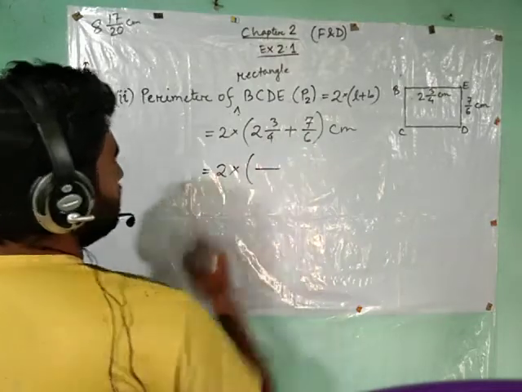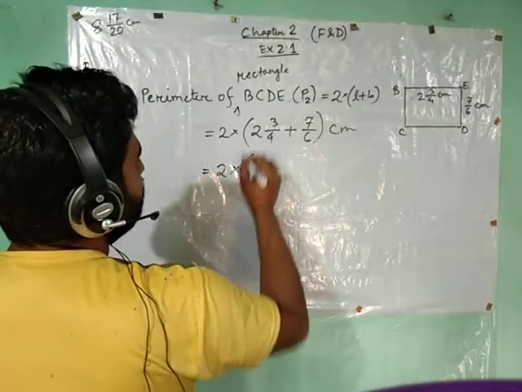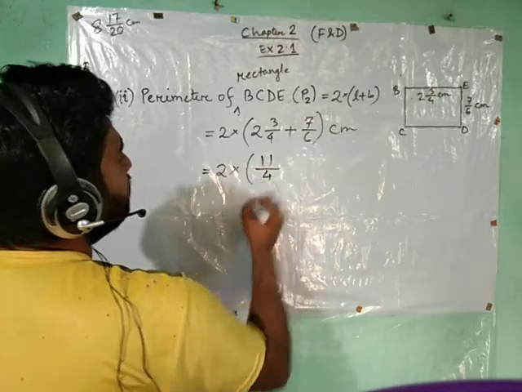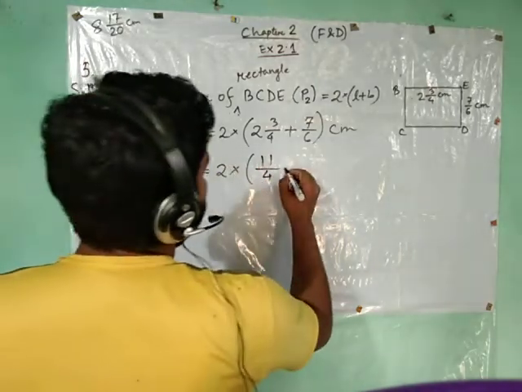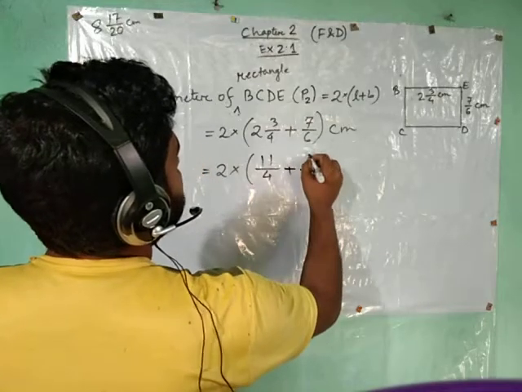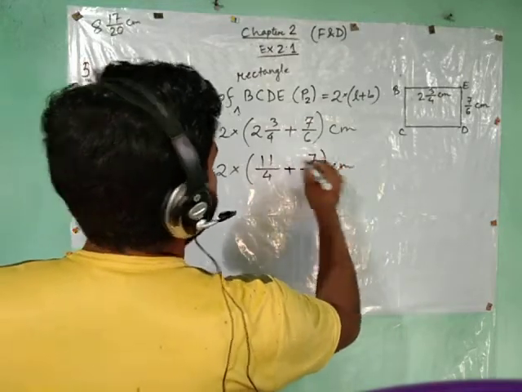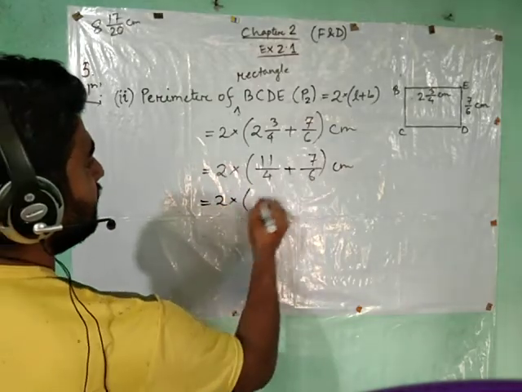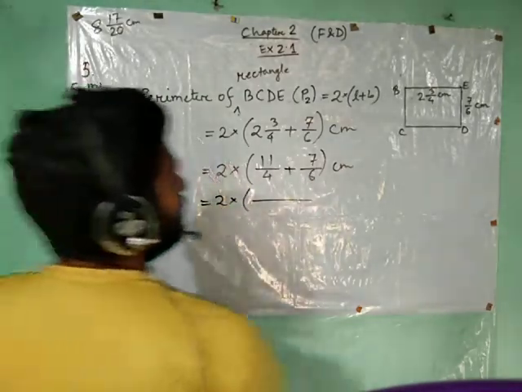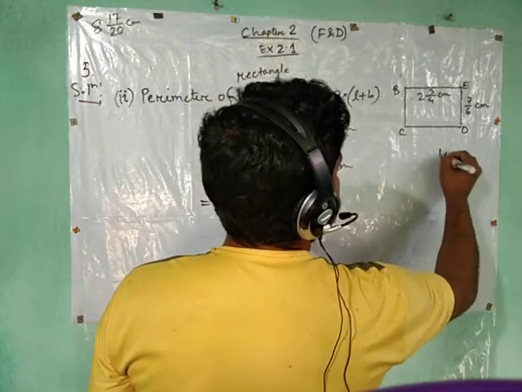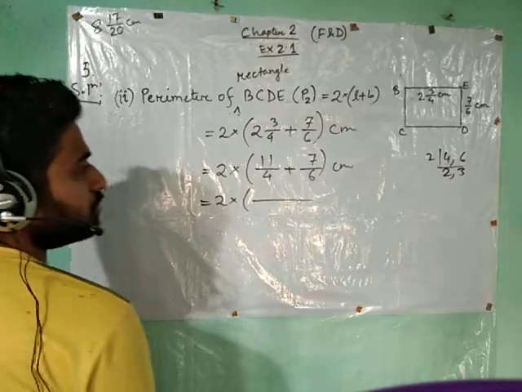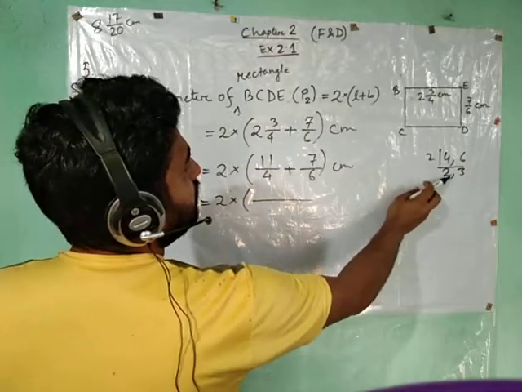I have to convert this into improper fraction. 4 2s are 8 plus 3, 11 by 4, right? Any doubt? No, I hope. 6 1s are 6 plus 1, 7 by 6. Okay, now 2 will be here, and now take LCM of 4 and 6. 4 and 6 LCM: 2 2s are 4, 2 3s are 6. So LCM will be 2 into 2 into 3.